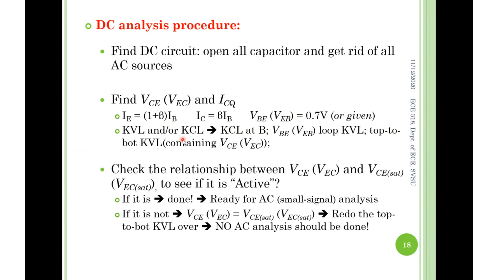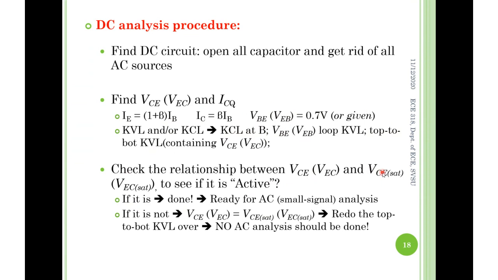Same arsenal, basically. And the third step is, don't forget to check the what? This time you're not checking the saturation, you're checking the active region. A different name, remember? And this checking is easier too. You're comparing the VCE with the VCE saturation.